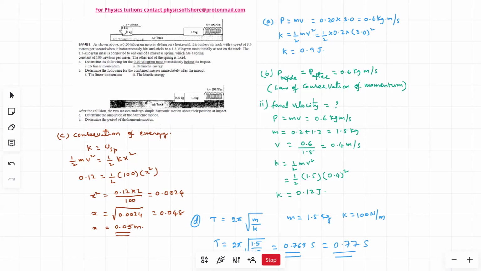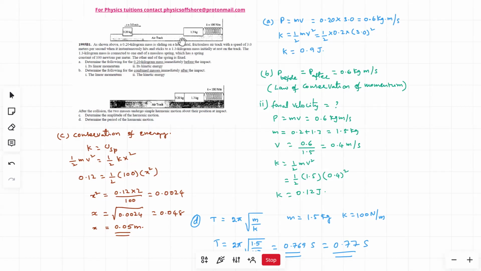Here, a mass of 0.2 kilograms slides on a horizontal frictionless air track and hits another mass of 1.3 kilograms, which is attached to a spring whose spring constant is 100 newtons per meter. Here we have to find the initial momentum and kinetic energy of the sliding block, and after hitting the second block, the final momentum and kinetic energy of the system.